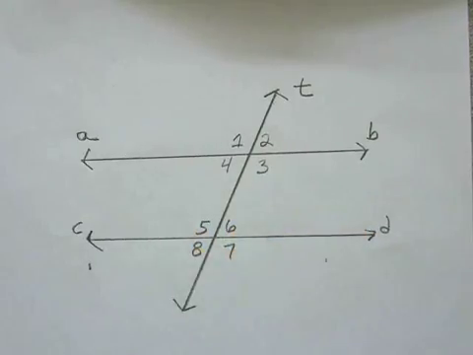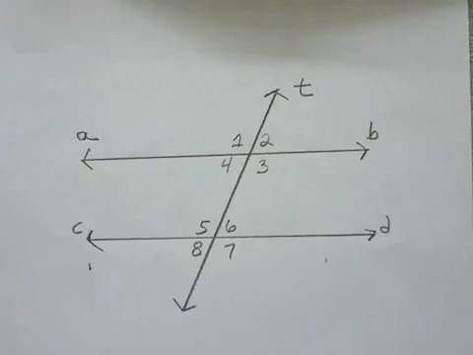All right, so there are 8 angles that have been formed by the transversal intersecting the parallel lines. And as you can see, and it might be obvious to you, it might not, that there are relationships between these angles. And we refer to these angles by where they are.